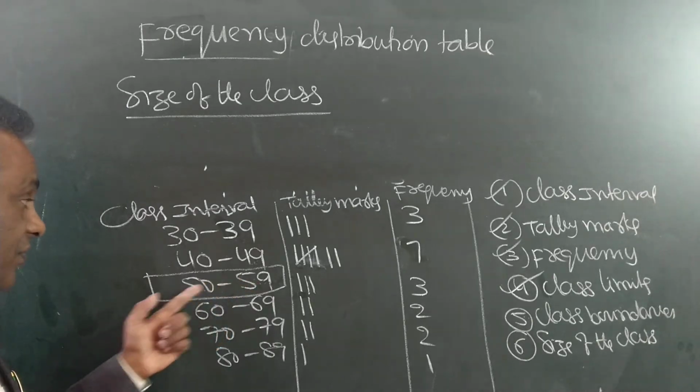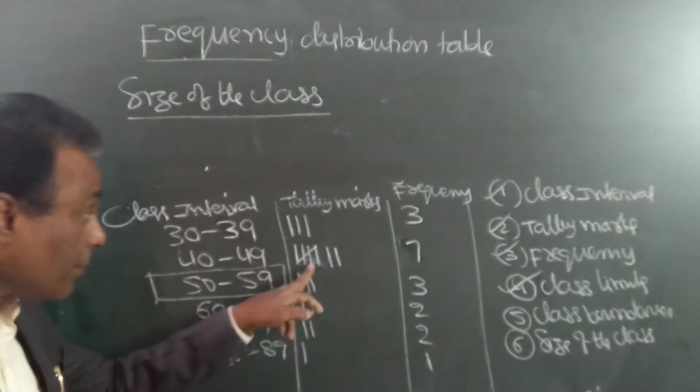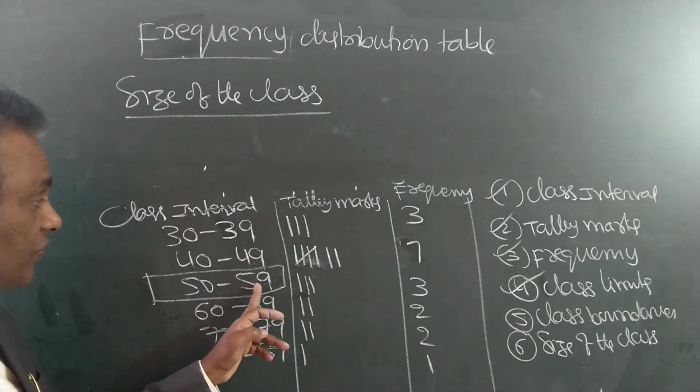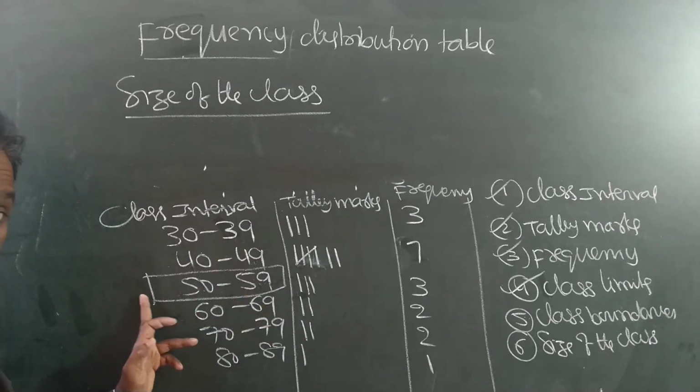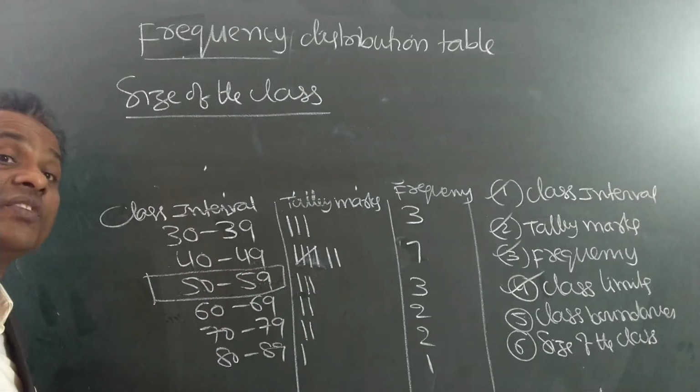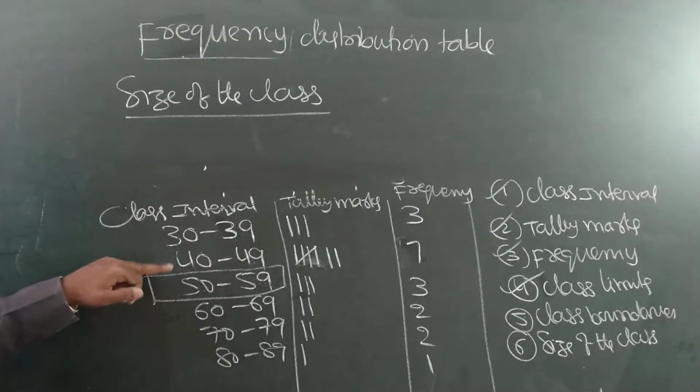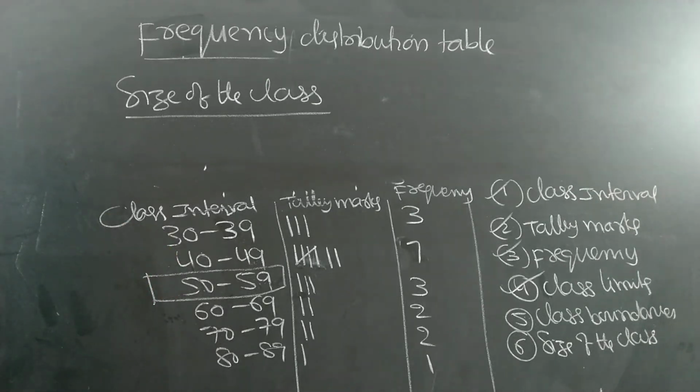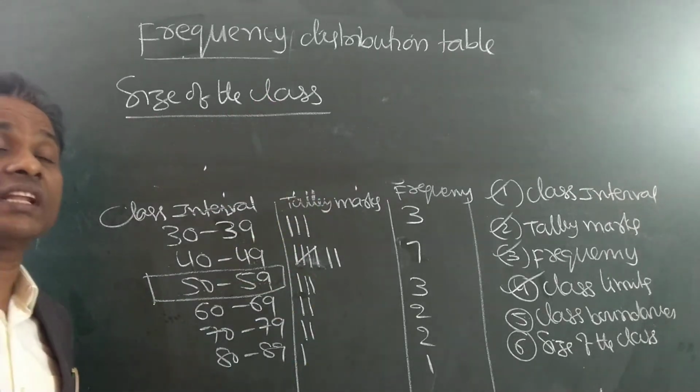We should not take the difference between the limits. You have to take the difference between the boundaries, 59.5 and 49.5. That difference is called the size of the class. Write down: size of the class.